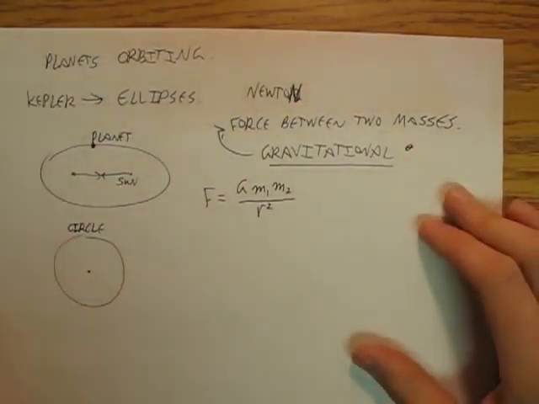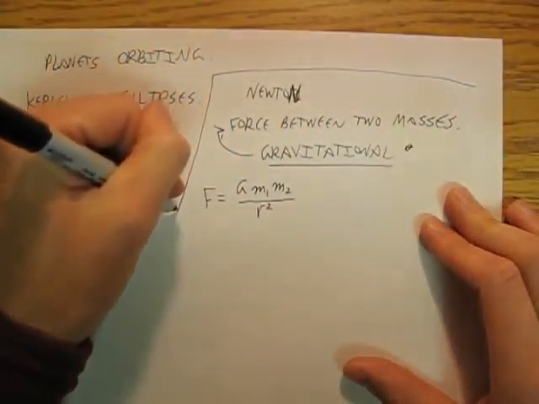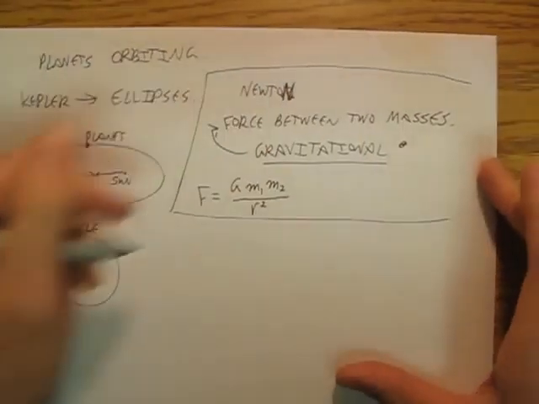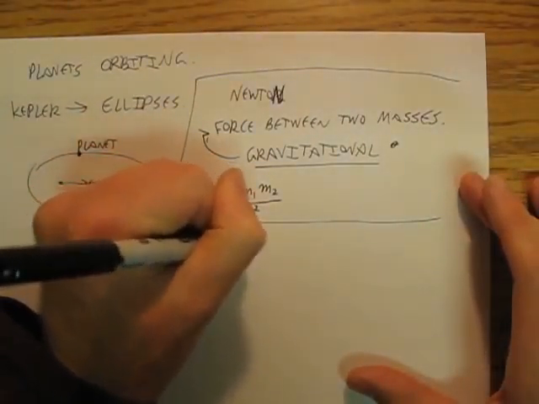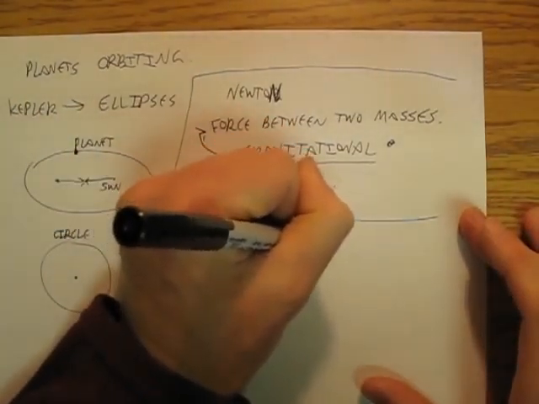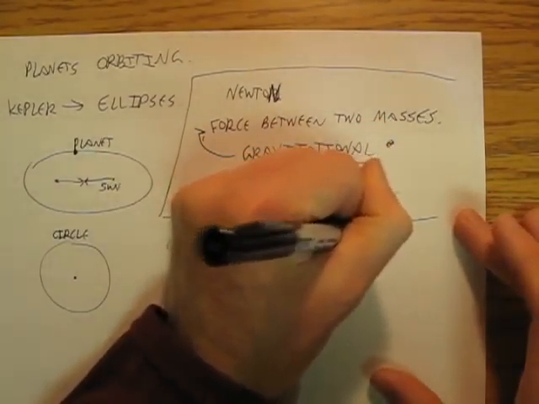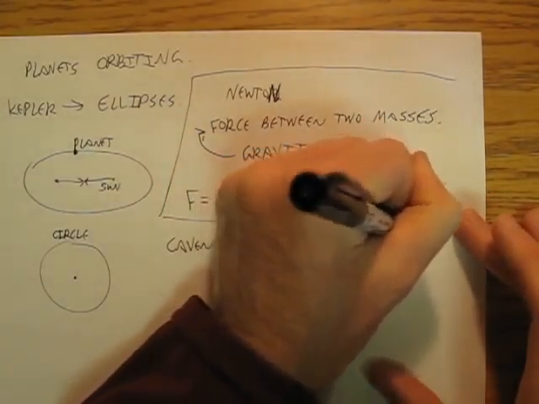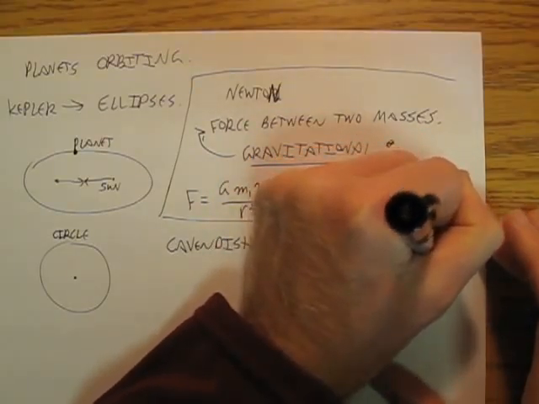And then this guy Cavendish determined that G has a value of 6.67 times 10 to the negative 11th newton meters squared per kilogram squared.